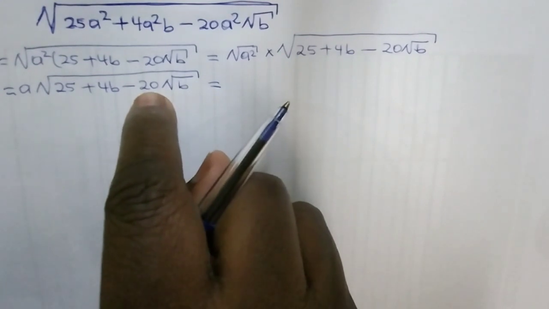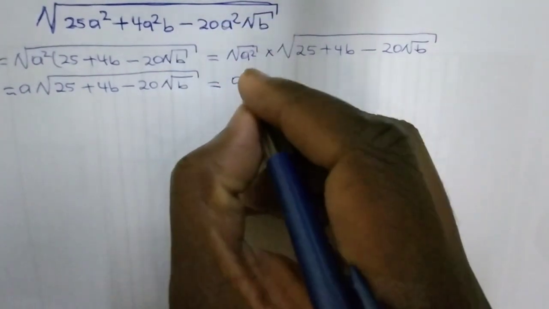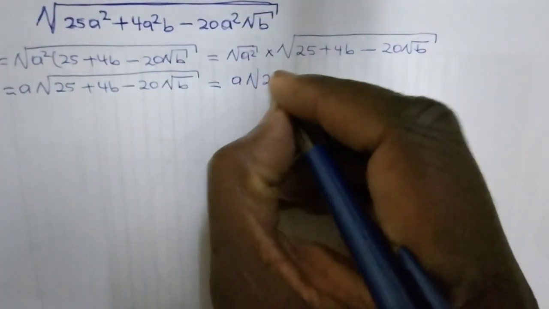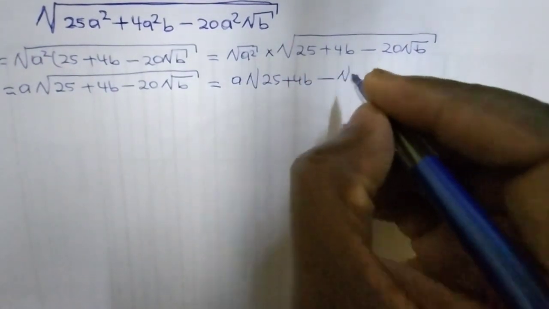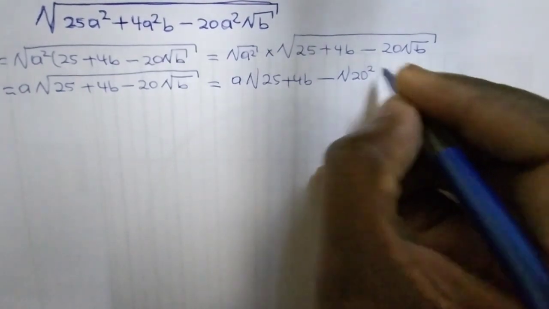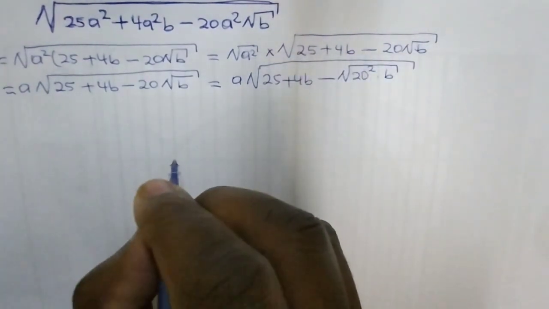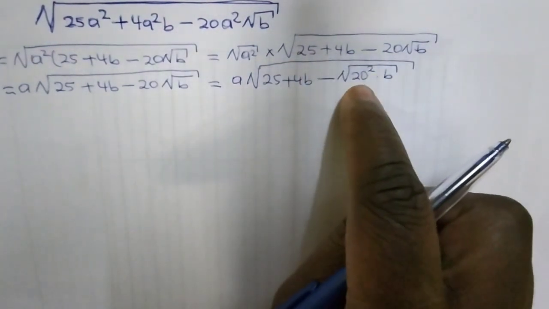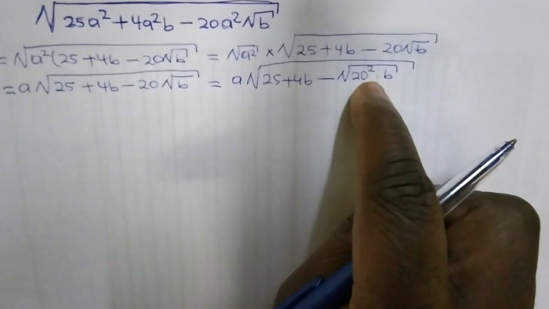I'm going to take the 20 and bring it into the radical sign, in which case I'm going to have a factor of 25 plus 4b, then minus square root of 20 to the power of 2 times b. So, ladies and gentlemen, we see here that 20 to the power of 2 will give us 400.